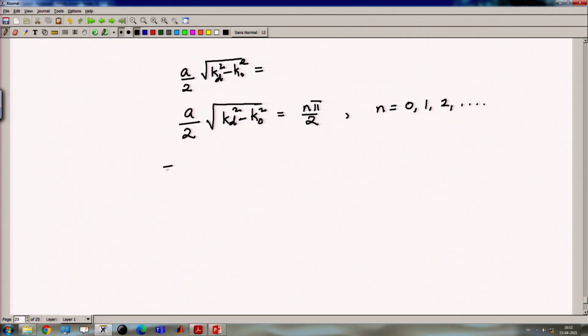Or we can write a by 2 root of omega square epsilon d mu d minus omega square epsilon naught mu naught equal to n pi by 2.